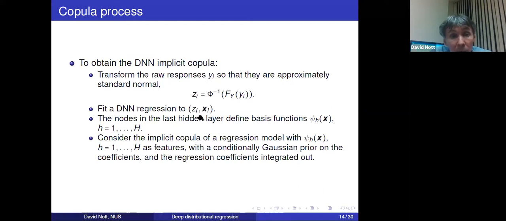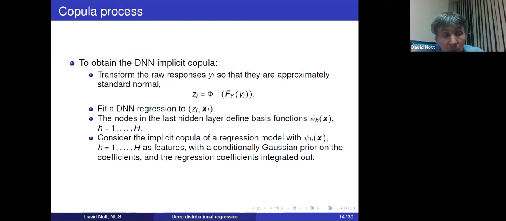Then with these transformed responses, we fit a deep neural network regression model. In the deep neural network regression, the nodes in the last hidden layer define some basis functions. We then use those basis functions as features in a regression model where we use a conditionally Gaussian prior on the coefficients for the features.